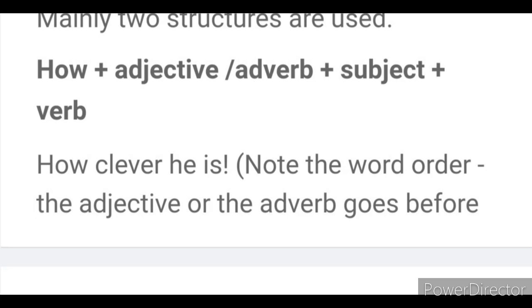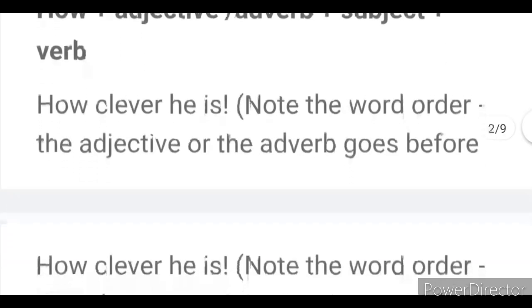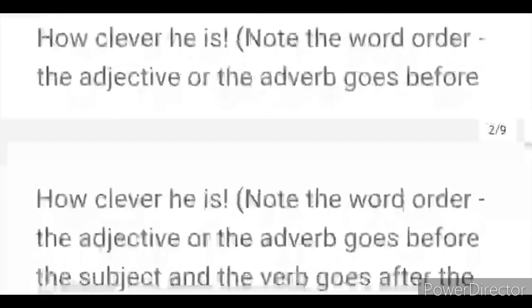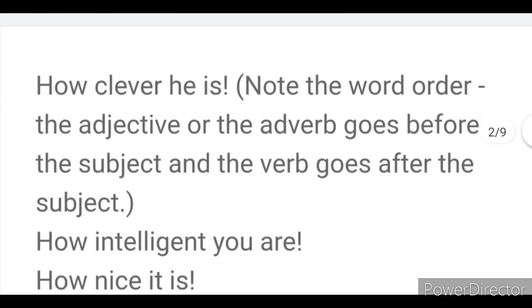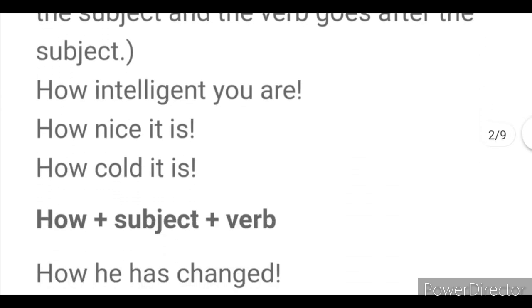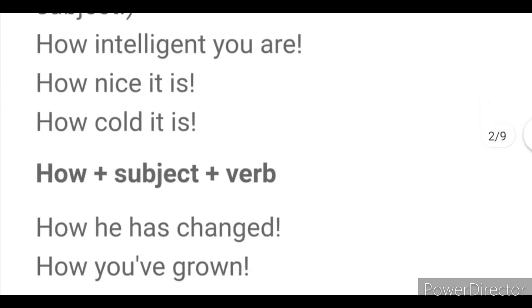Clever is an adjective describing he, comes before the subject, and look at the verb is comes after the subject. So this is how you must remember. See, these are the basic rules of writing grammatically correct sentences. Now, next is how intelligent you are, how nice it is, how cold it is. These are all exclamatory sentences.